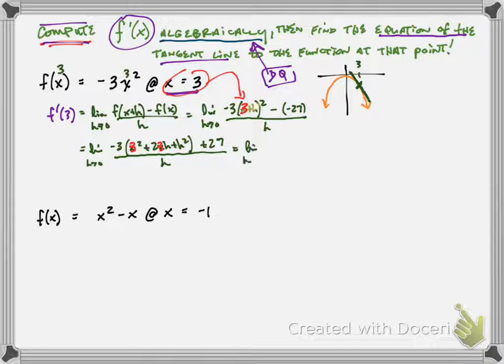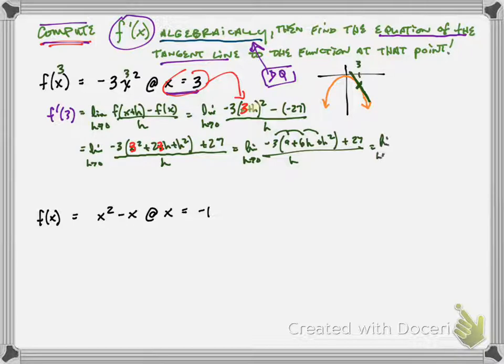Now, we've got the limit as h goes to 0 of negative 3 times the quantity 9 plus 6h plus h squared, plus 27. Oops, I'm sorry, the parenthesis goes here. All over h. Distribute our negative 3.